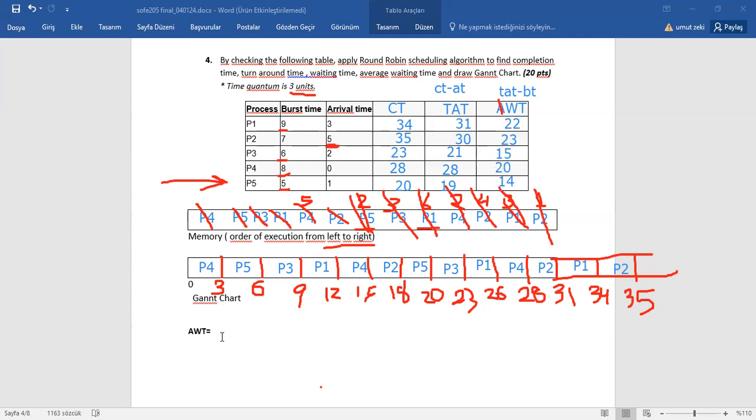So to find the average waiting time, you have to add all these numbers. So I added all of them and divided by the number of processes, which is 5 here. Okay, so this is the answer.